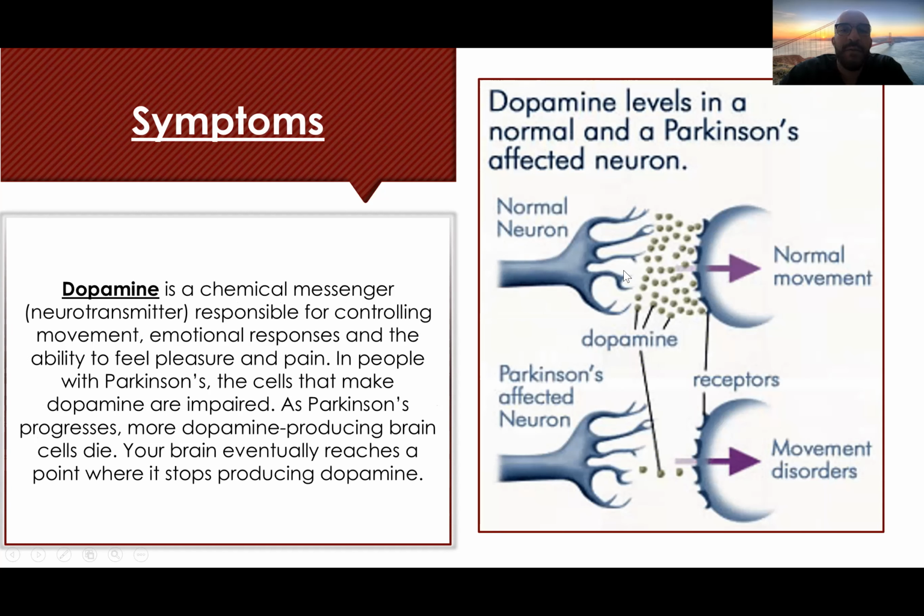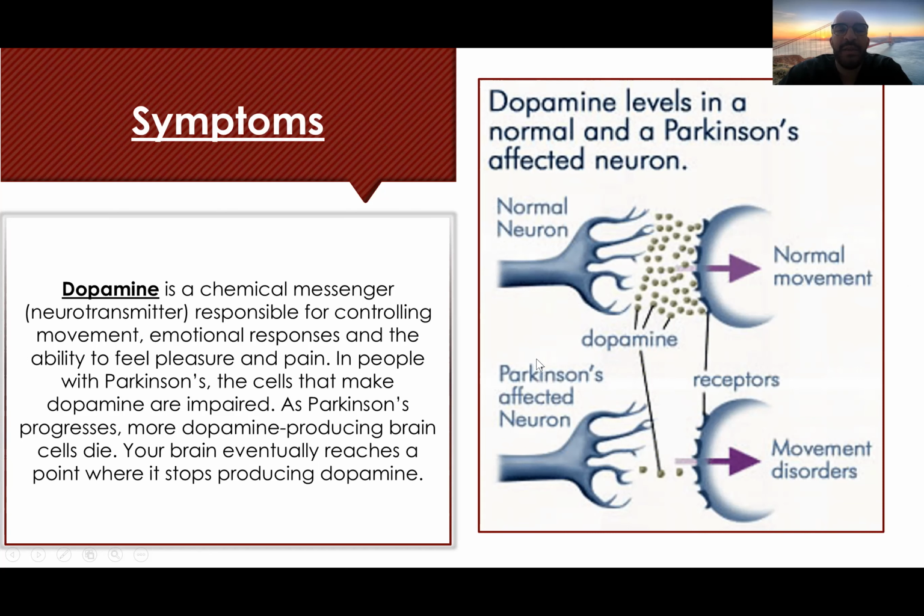Now, a neuron is a very small structure inside the brain. And this is dopamine here, these green dots. They're leaving the neuron and being transferred through what they call a synapse, the space between the neuron and the rest of the body's cells. And then they're allowing normal movement, normal feeling. They're allowing us to be normal.